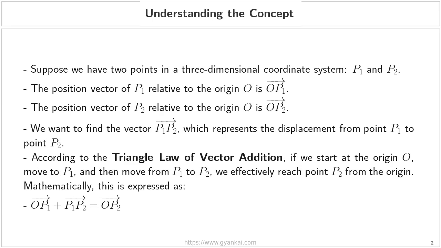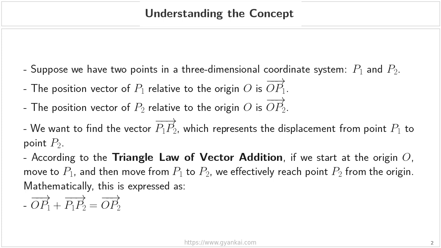To understand how to calculate this, we can use the triangle law of vector addition. Think of it as a journey. If you start at the origin O, travel along vector OP1 to reach point P1, and then immediately travel along vector P1P2 to reach point P2, you have essentially completed a single trip from the origin directly to P2.